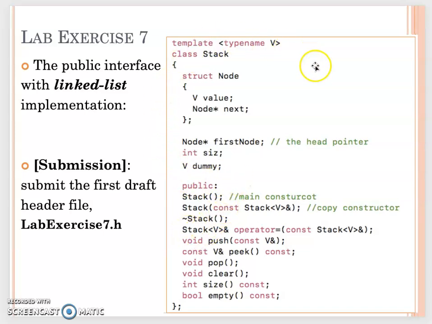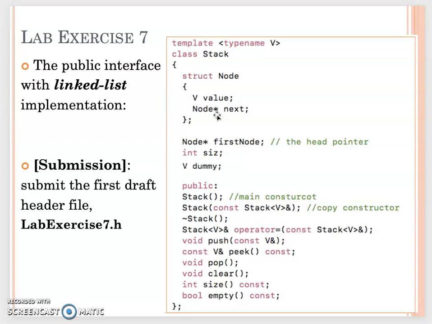Then come to here to see the private data. We know every time we create a linked list, we actually create each node as an object. So that's why we have a struct node. This node always has a pointer.